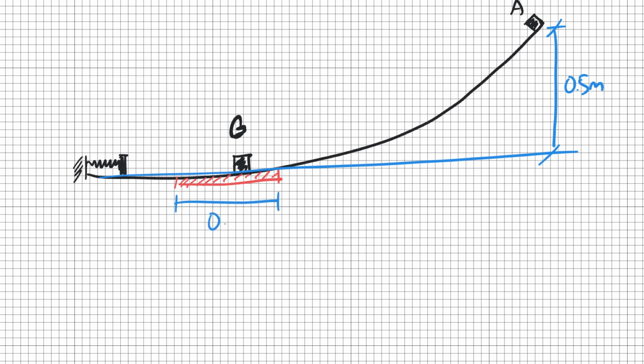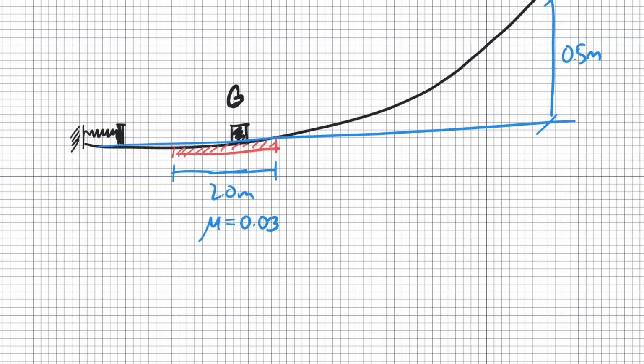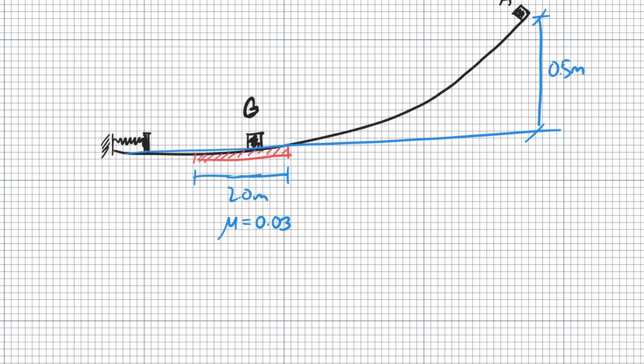That's 2.0 meters, 2.0 meters. And this is mu equals 0.03. That's all we really need here. Do we need the mass? We probably need the mass for this one. I think it cancels out, but we'll go ahead and put it there. So the mass is 20.0 kilograms.